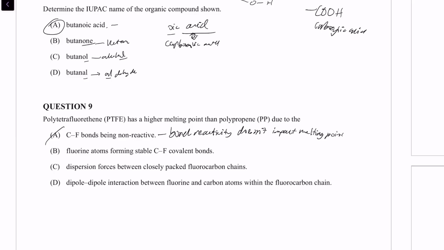All right. And option B, with the fluorine atoms forming stable C-F covalent bonds, it is true, but we're really looking into the intermolecular forces. Intermolecular forces are what matter in this question.